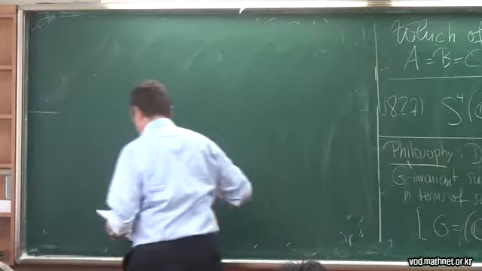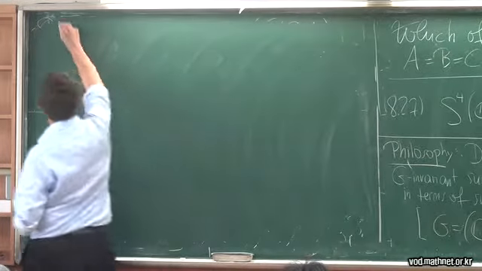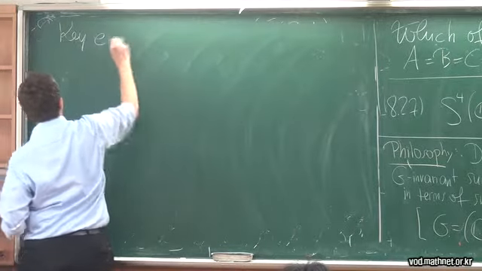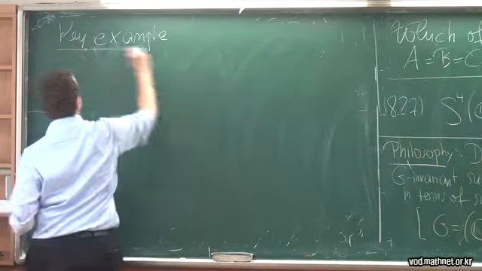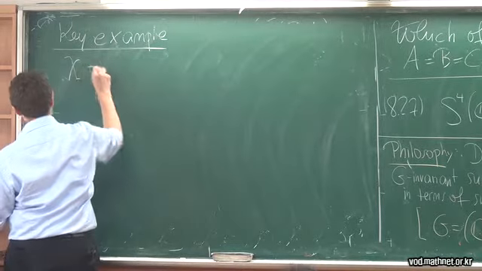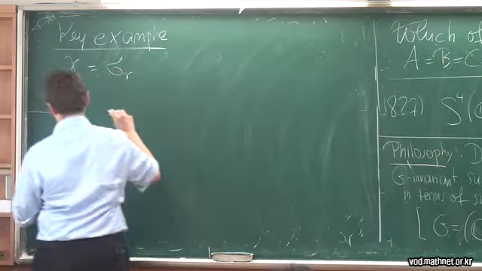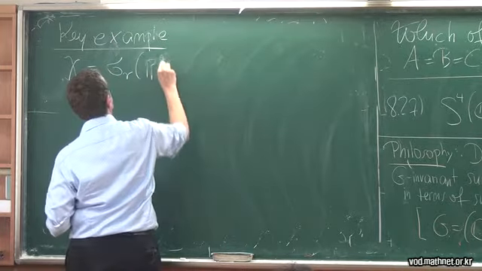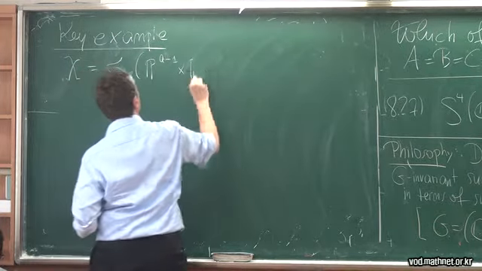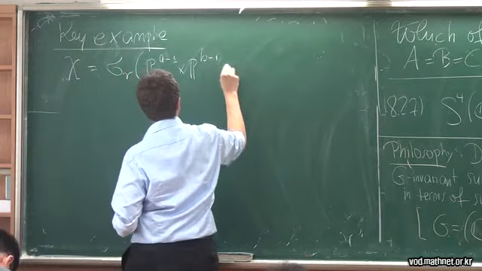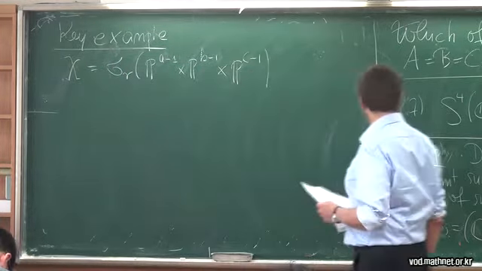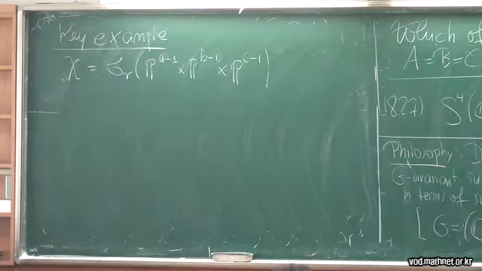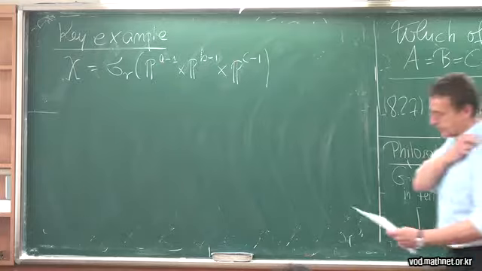Key example is tensors of bounded rank. So X is the secant variety sigma r of P of A times P of B times P of C, projective spaces of dimension A-1, B-1, C-1, the projectivizations of our 3 vector spaces here.